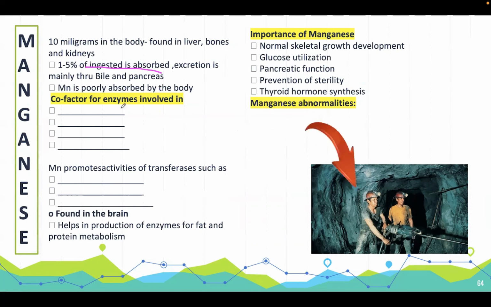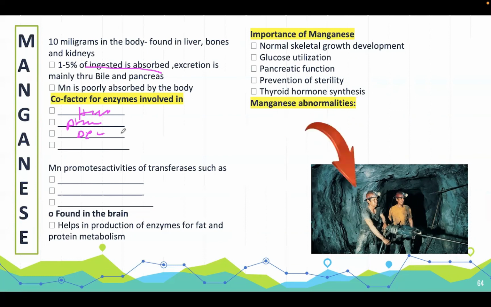And then, ano po ba yung mga cofactor for enzymes involved? We have yung tinatawag natin na hydrolysis. Number 2, phosphorylation. Number 3, decarboxylation. Number 4, transamination. Okay?